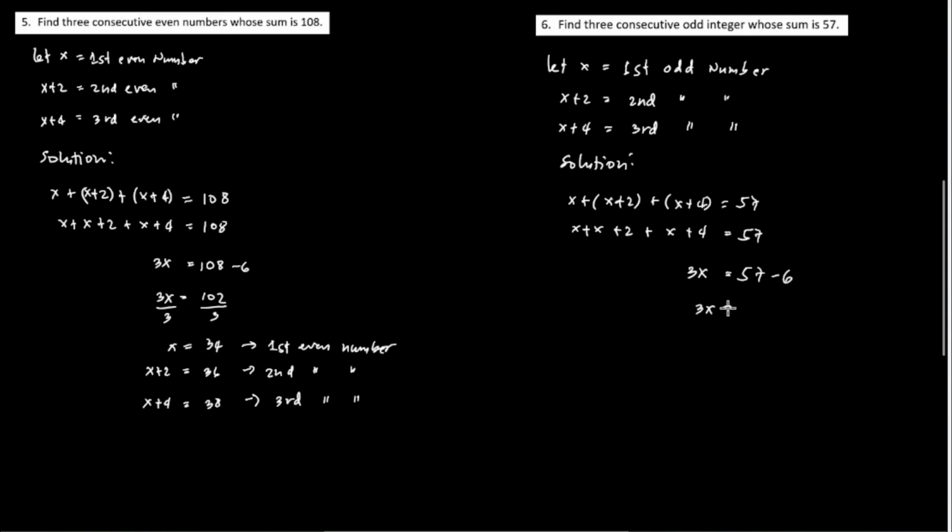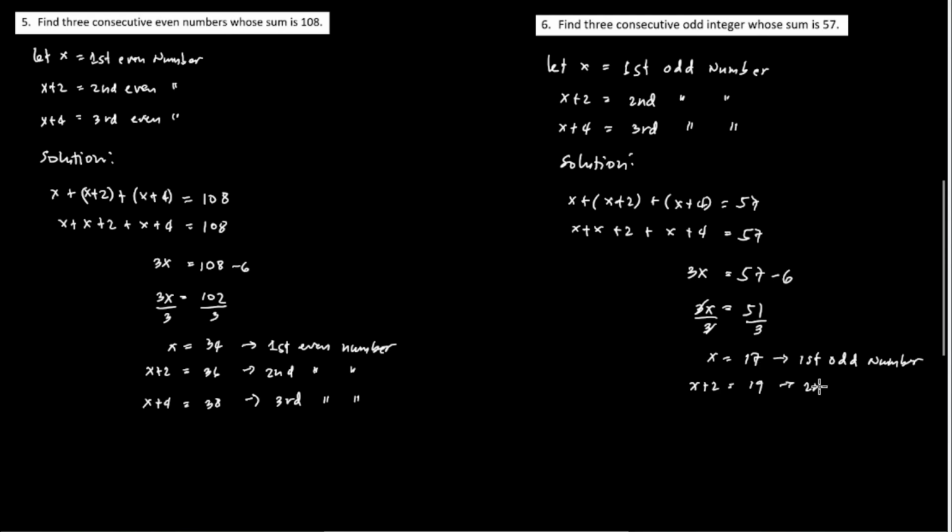And 3x is equal to 57 minus 6, it is equal to 51. And divide everything by the coefficient 3, cancel out 3, so x is equal to 51 over 3, 17, which is the first odd number. And the second odd number, x plus 2, 17 plus 2, or 19.